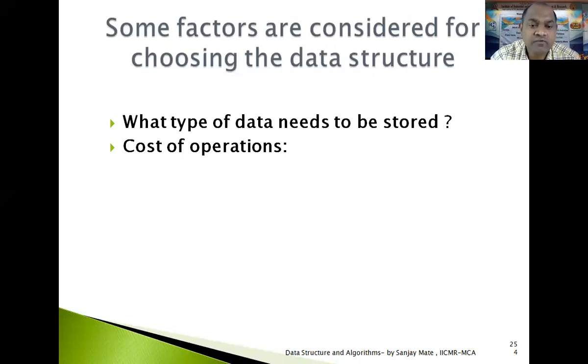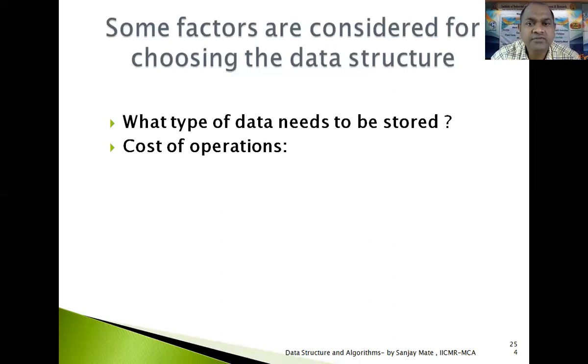Next is cost of operations. Cost of operation means what type of operations you are going to perform on that particular data structure. If we are only searching the element and storing the element and insertion is not so frequent, in that case we can go for the array. This I am giving as one example.